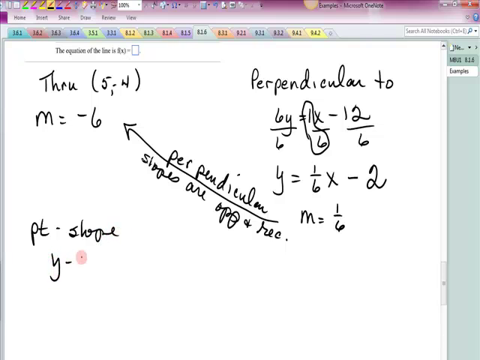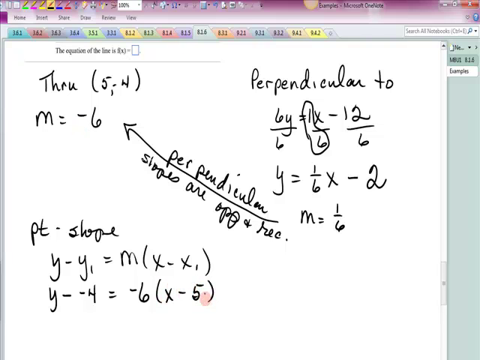y minus y1 is equal to m times x minus x1. y minus negative 4 is equal to negative 6, which is that slope, times x minus 5. That's y plus 4 is equal to negative 6, negative times negative is plus 30.